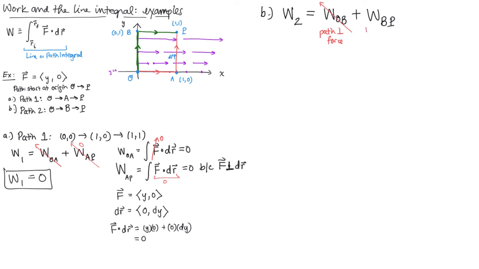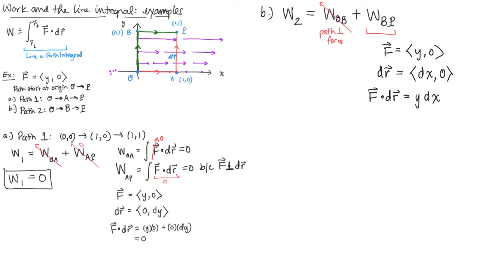For this part of the problem, W_BP, we have the following. The force everywhere is (y, 0), but for the path B to P, the path dr is a step in the x direction and no step in the y direction, so that when we take the dot product of F dot dr, we get y times dx.